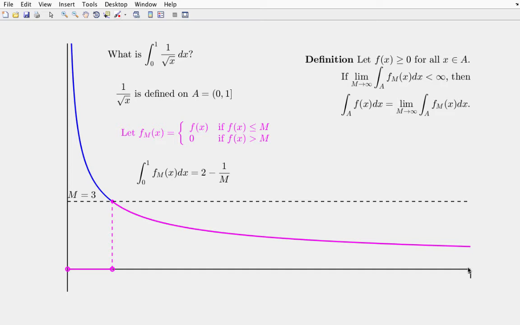Now, notice again, this definition specifically and strictly deals with positive or non-negative functions. Now, if I take the limit as m goes to infinity, and I get a finite limit, then I can say that my function is integrable on the bounded domain, and it's specifically this limit.